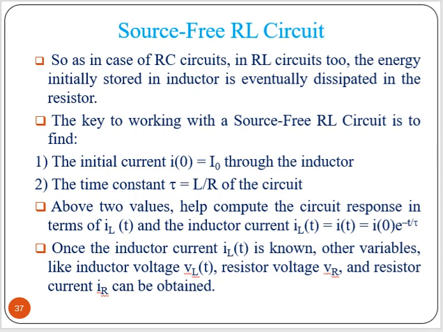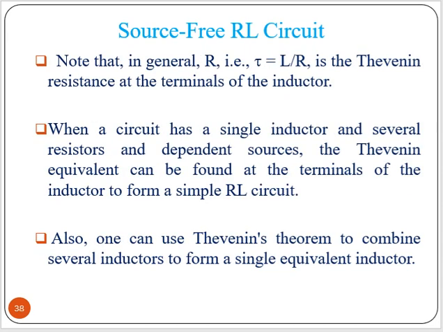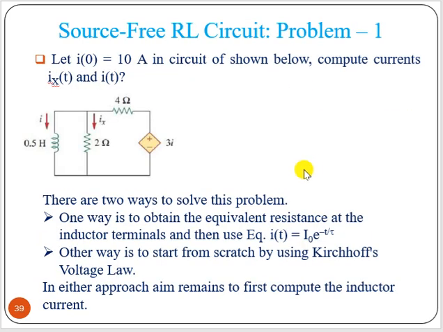So we have to solve this circuit the same way that we solved the RC circuit. Here you have to remember tau is L by R. Now this is an example. Now we have a dependent source here. Let I0, the initial stored value, be 10 ampere.